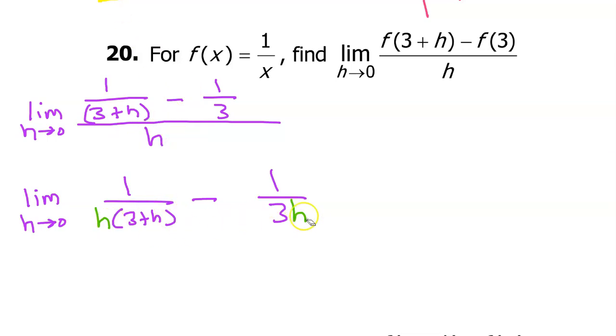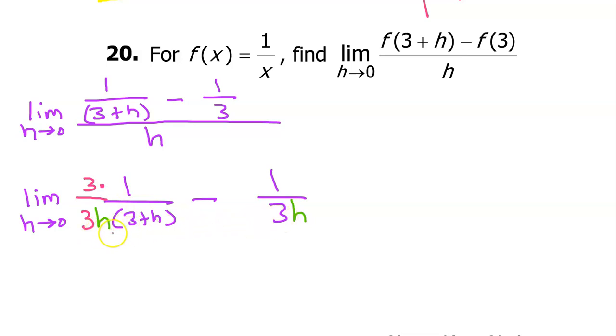Okay, next I'm going to form like denominators so I can combine these into one big fraction. They both have an h, as you can see, but the denominator on the right has a 3 in the front. So the denominator on the left is going to need a 3 if it is going to match. And of course, you have to then do 3 over 3. You have to multiply the numerator by 3 as well.